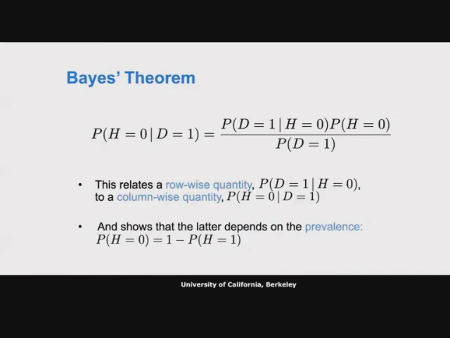The other point to make is that we definitely see the prevalence sitting here on the right-hand side. The prevalence, to be really precise about it, we're going to define to be the probability that H equals 1. So if H is, for example, that you have the coronavirus, then the probability that H equals 1 is the probability of people having the coronavirus. That's exactly the prevalence of the disease. And if I know the probability H equals 1, then by just subtracting from 1, I get the probability H equals 0, so it's the same thing.